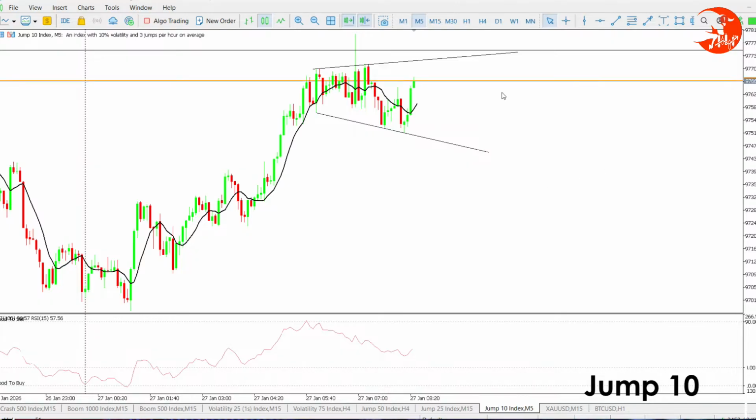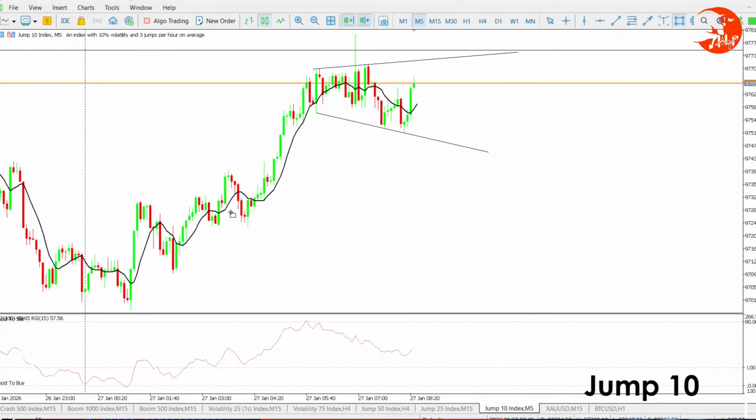So no business here. If you can wait for when M15 is ready to end to start buys, then you can get yourself an entry for the buys, because the general trend on this asset is buys. We are looking for buys.